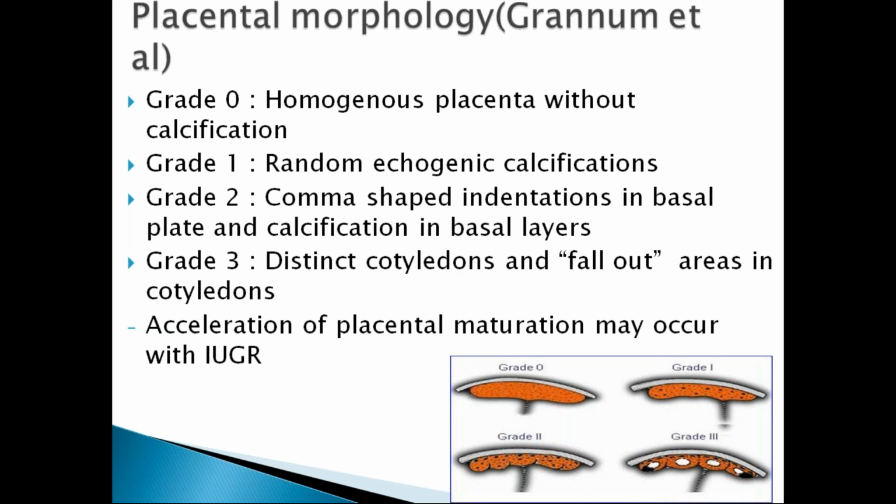Grade 1 shows a little bit of calcification. Grade 2 has more calcification. Grade 3 shows fall out in the content of the placenta, or the calcification is more mature. Anything more than grade 2, we call a mature placenta.